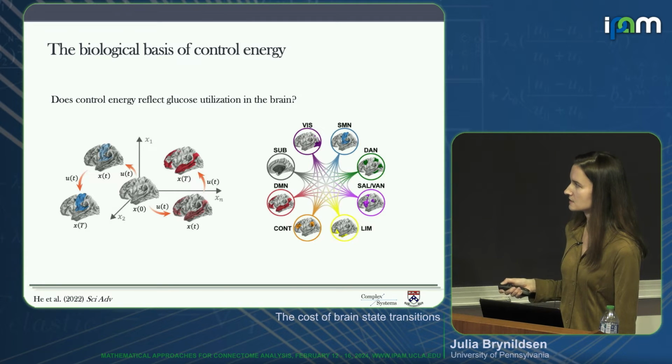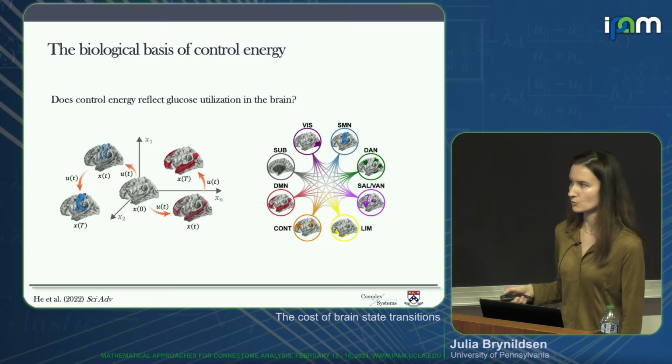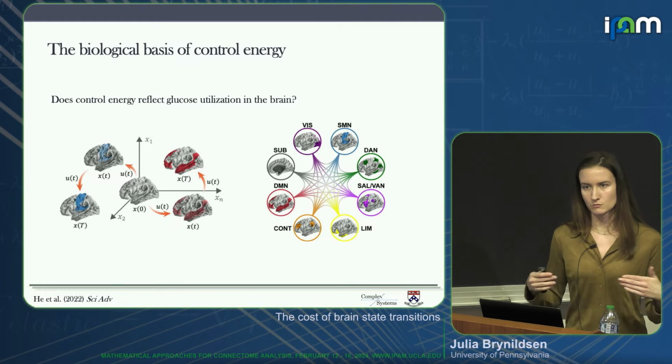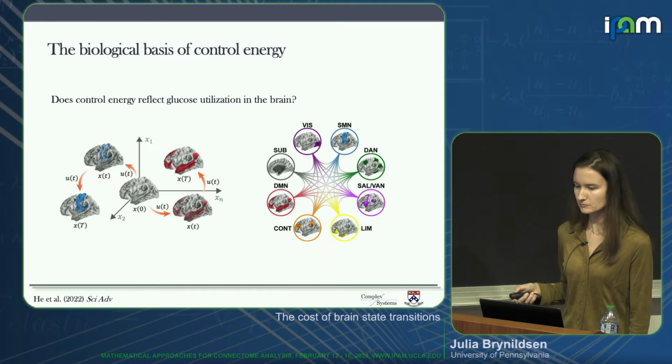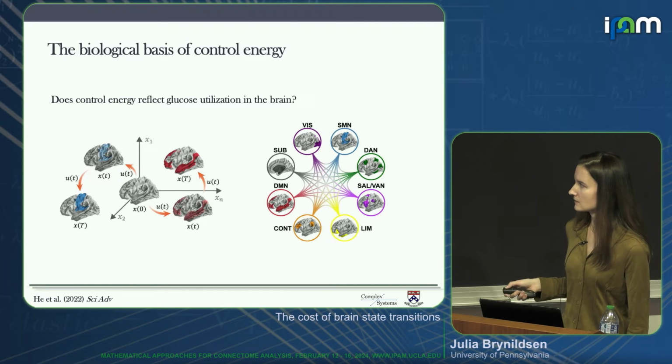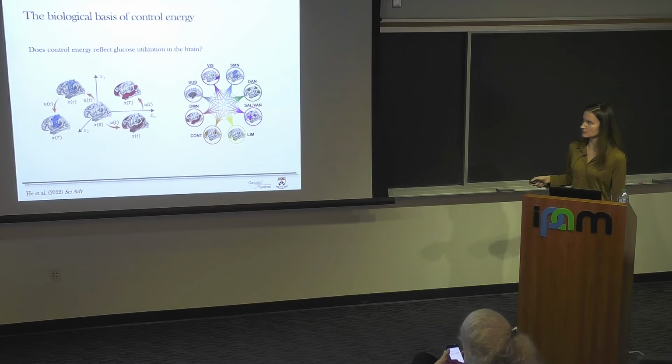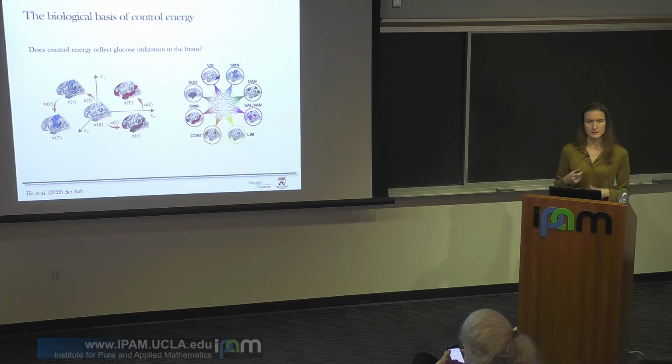So in these simulated states, the functionally coupled regions are set to activity levels of 1, and everything else is set to an activity level of 0. And then after computing the transition energy for these states, that's compared to glucose utilization in the brain to assess whether there's any relationship there.